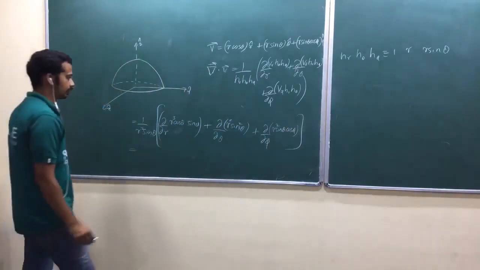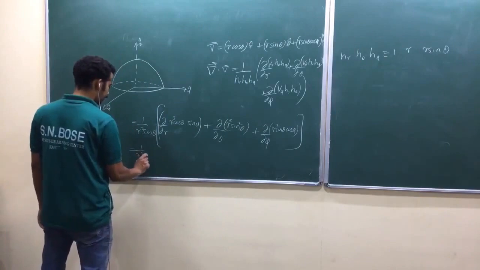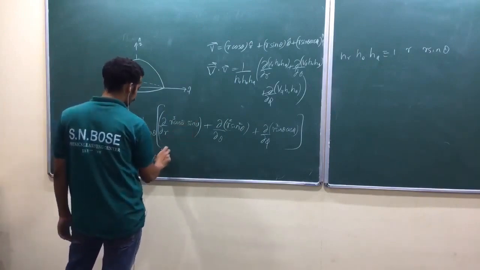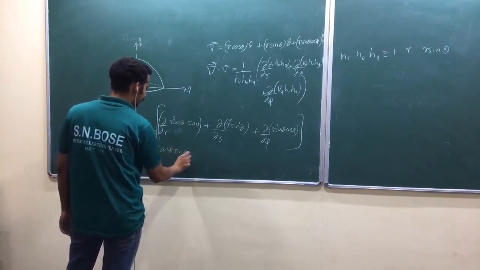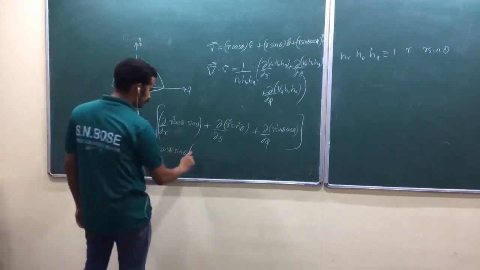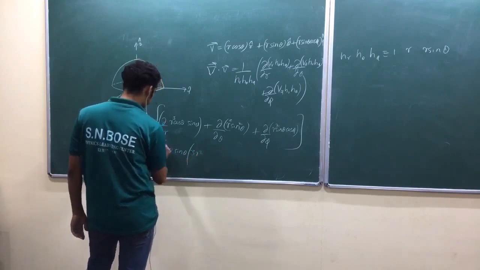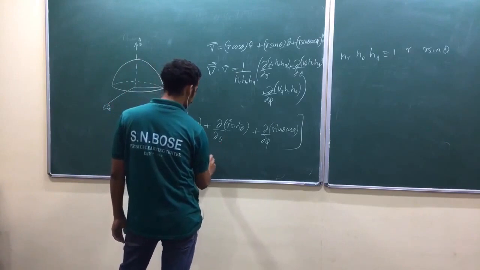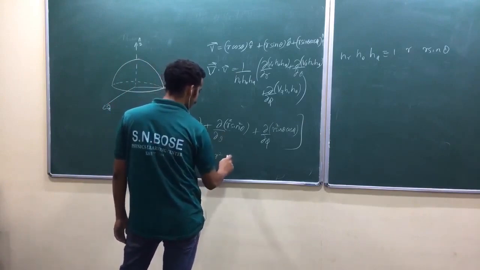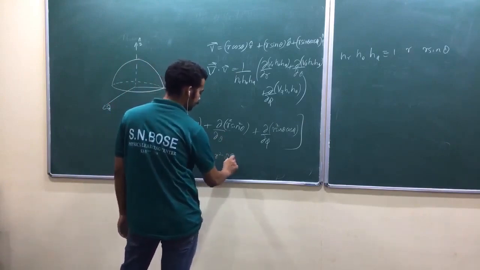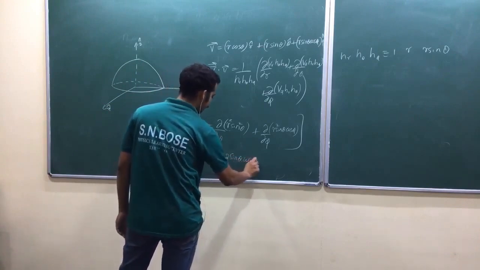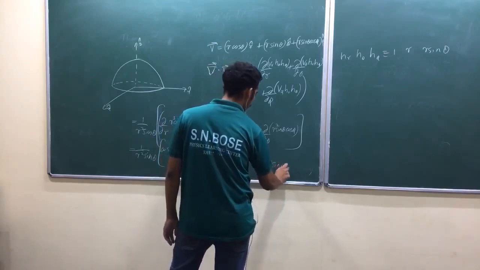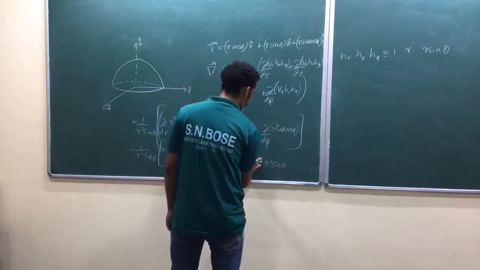Practice this one. Again, 1 by r square sin theta. Wait a second. Cos theta sin theta will come out. What is this one? r cube, derivative 3r square. Then here r square will come out, 2 sin theta. Check it out. So plus r square sin theta will come out, cos phi derivative.